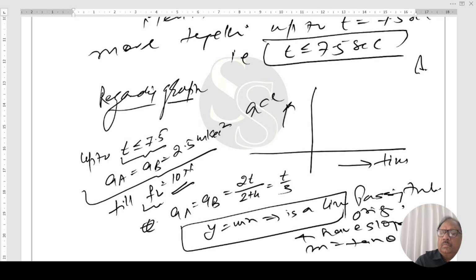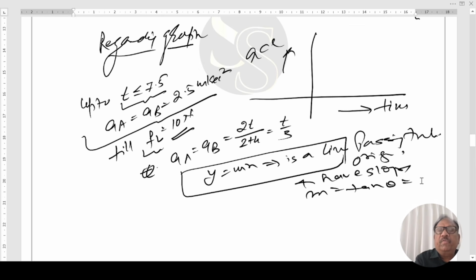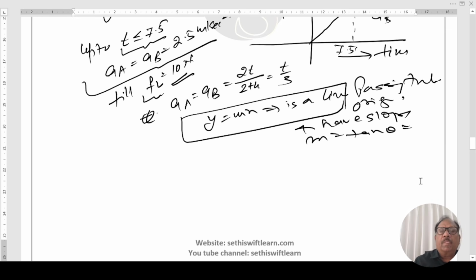In this case, up to 2.5, it is time varying. This is 2.5, this is 7.5 second. After that, the body will move with constant a_B and the acceleration of A will change.